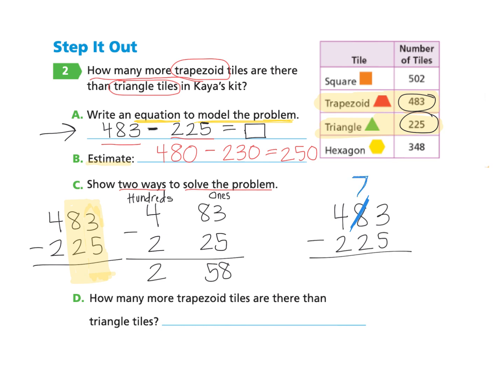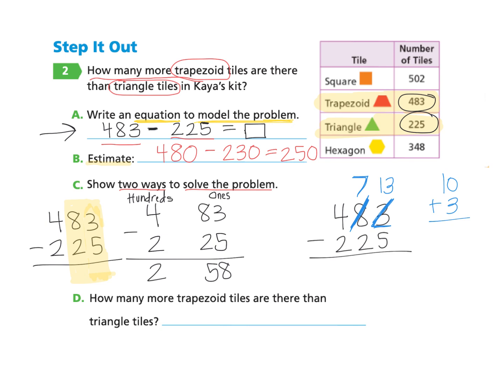And then I will take one of those tens and I will add that to the 3 that's already here. So I cross off the 3 and I say 10 plus 3 will make 13. So I've created new regroupings first, and then I can complete the subtraction problem.